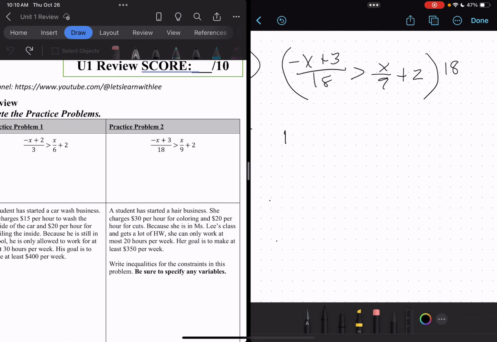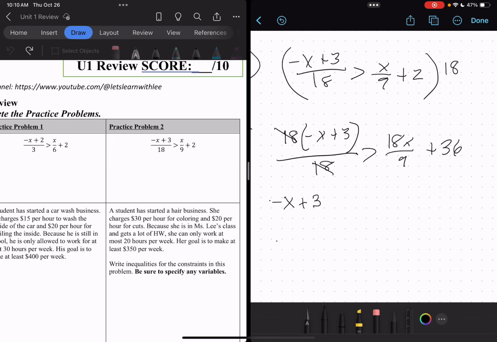So I'm going to start with 18 times negative x plus 3 over 18 is greater than 18 times x over 9 plus 36. 18 divided by 18 is 1, so we can cancel that one out. We're left with negative x plus 3 is greater than 18 divided by 9 is 2, so 2x plus 36.